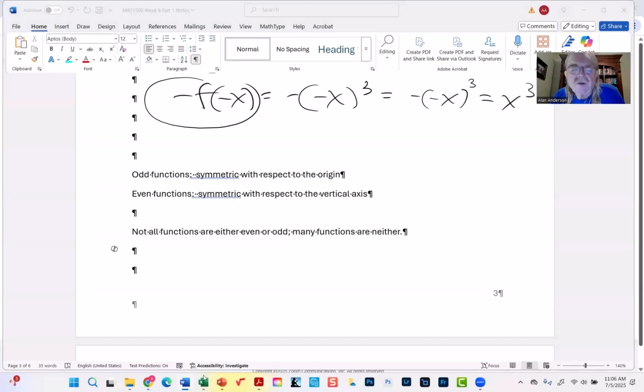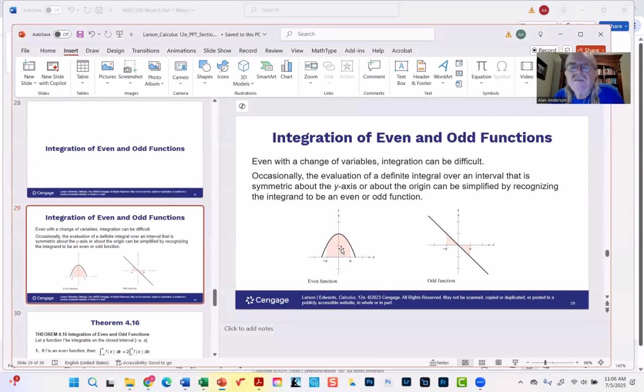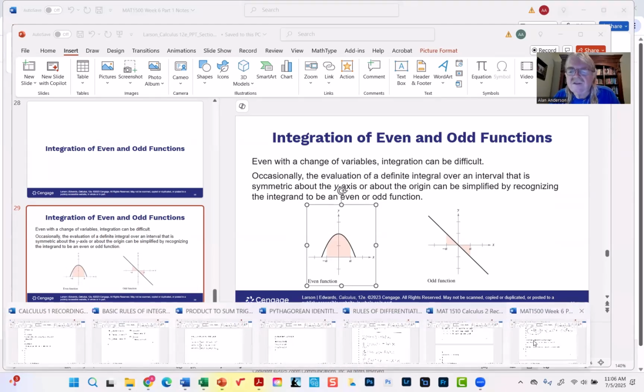Anyways, what does this have to do with integration? So the one on the left is an even function. You can tell just by looking at it. You don't even need to know what the function is. It's because of the symmetry with respect to the vertical axis.